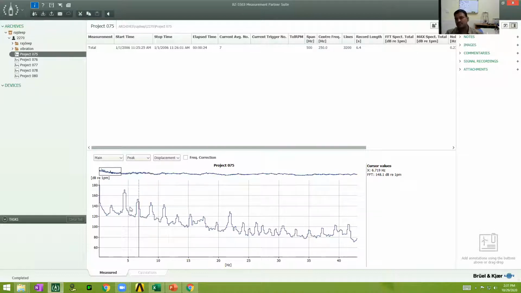As the speed increases, vibration increases, but during resonance you will be able to see the maximum amplitude. To understand that, you can see the changes here. It's 4.375 hertz. This is one reading, I can note it down, and the corresponding amplitude I can note down. Here it is given in decibels with respect to 1 picometer.